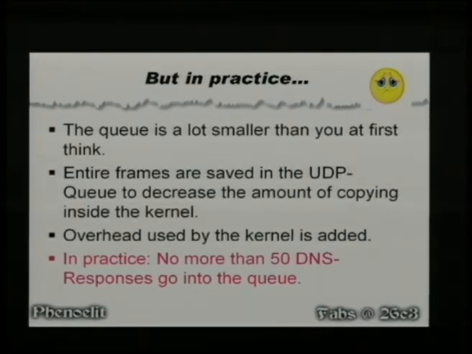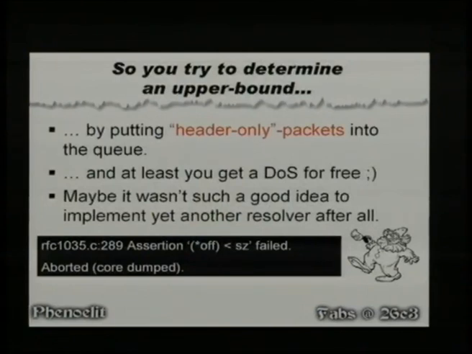So in the end, you end up with 50 DNS responses you can place in the default queue. So that's nothing. You can't work with that. So I tried to determine that upper bound. I wanted to know how much can I place in practice by sending header-only packets, which then gave me this DoS for free.